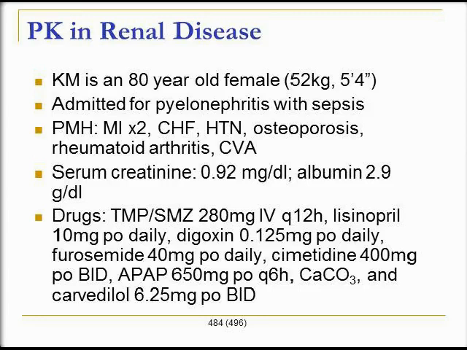She has a past medical history of an MI, CHF, hypertension, osteoporosis, rheumatoid arthritis, and a stroke. Her creatinine is 0.92, her albumin 2.9. She's currently on trimethoprim sulfa, lisinopril, digoxin, furosemide, cimetidine, Tylenol, calcium, and carvedilol.